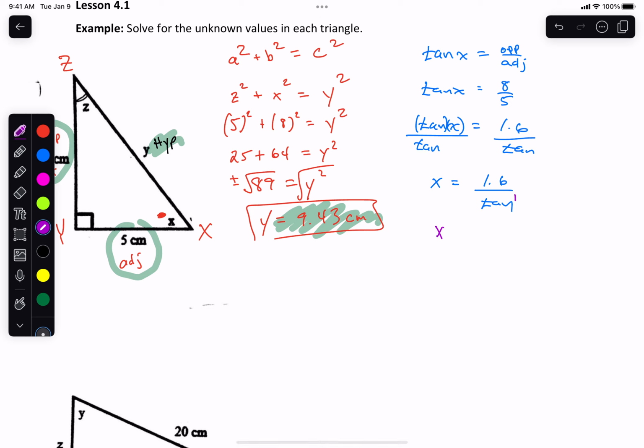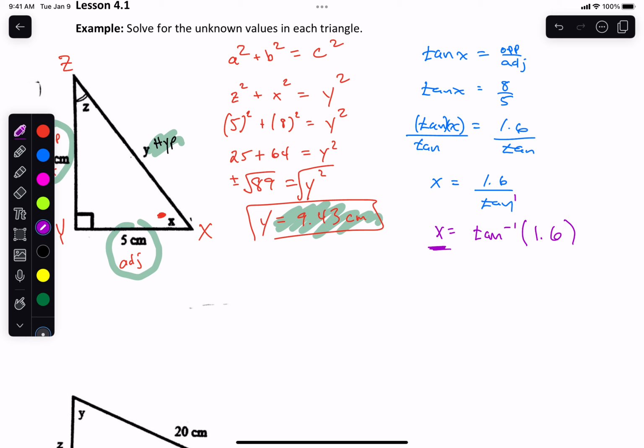So X is going to equal tan inverse of 1.6. I show this so that it eliminates the question that people usually have of when do I use tan inverse and when do I just use tangent? You use tan inverse when you're looking for the angle.